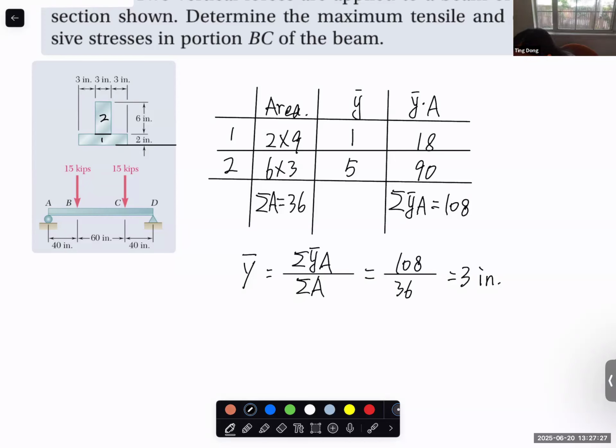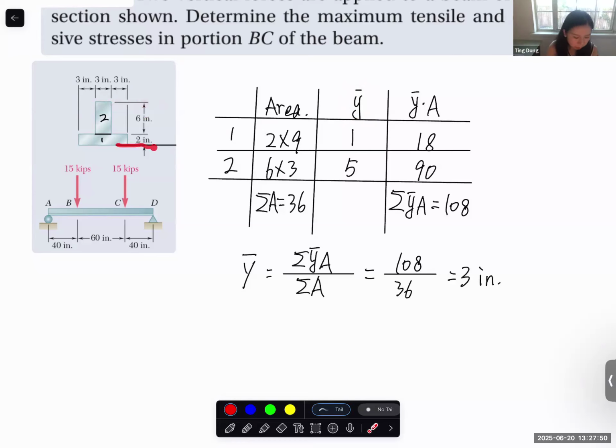Where did the y bar value come from again? Y bar. You first choose a reference line. I choose this bottom line as the reference line. Of course, you can choose the upper line as the reference line. And then in the end, your centroid is a distance with respect to this reference line.